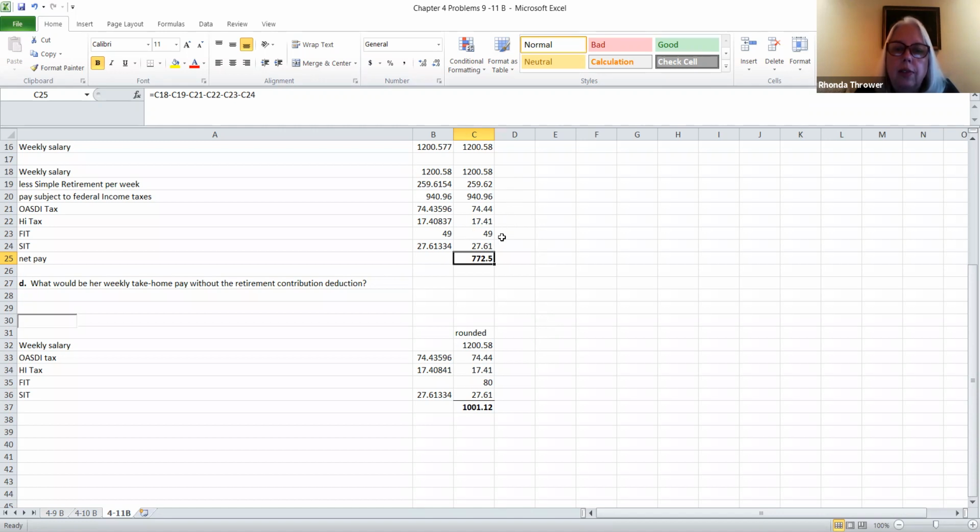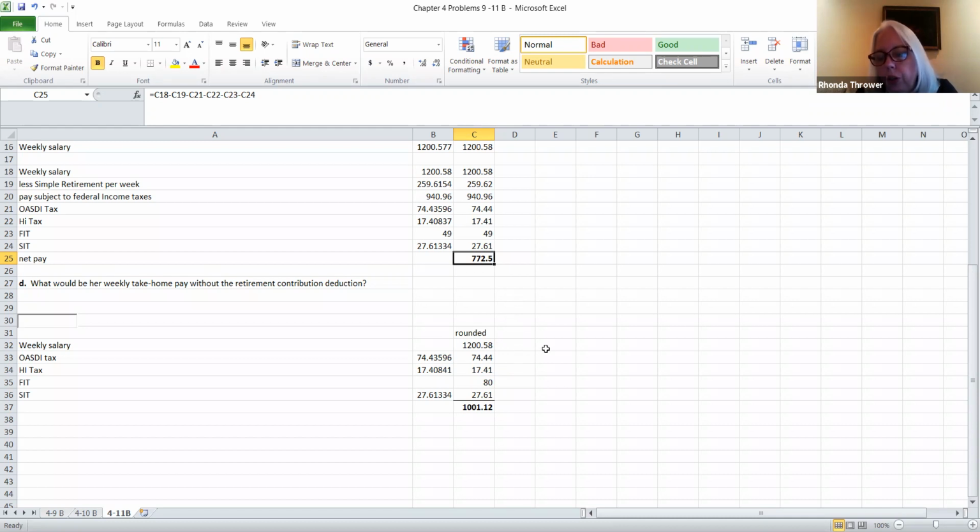In this case being $49 compared with $80 it would have been if you didn't have any retirement that was given to you by the company.